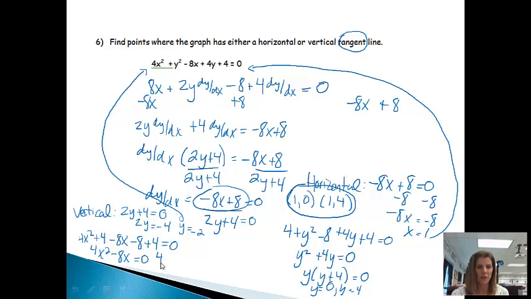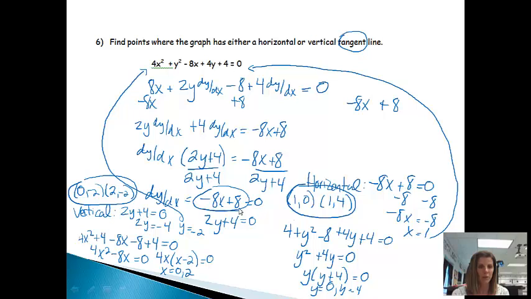So now I think I'll factor out a 4 and an x, and when I do that I'll get x minus 2. And then I notice that my x's will be 0 and 2, which means I will have vertical tangents at the point (0, negative 2), and also at the point (2, negative 2).